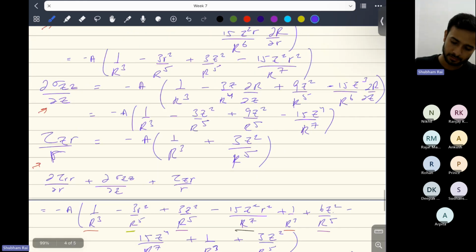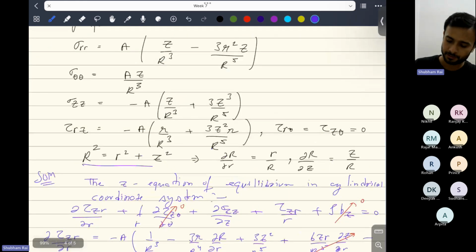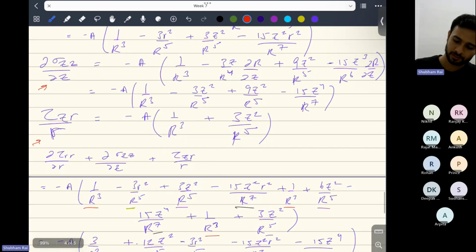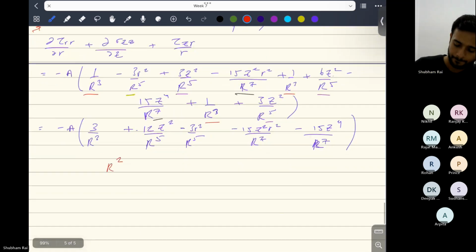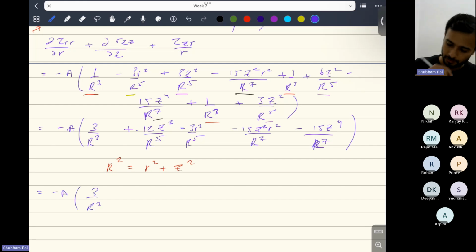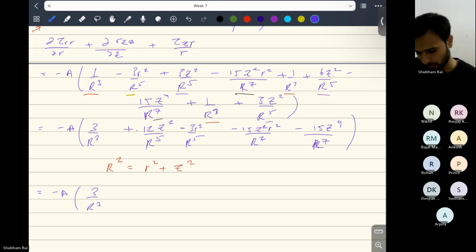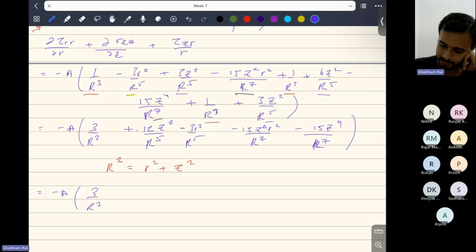I'll use this relation which is given. Capital R square is small r square plus z square. So if I use that, let me show you how I can use this. So minus 3 over R cubed. Let me firstly take something common from here.